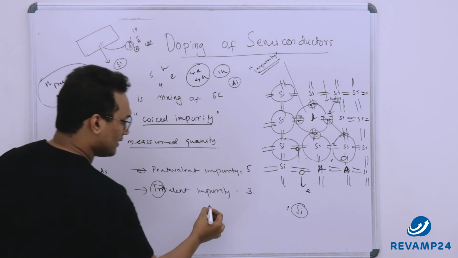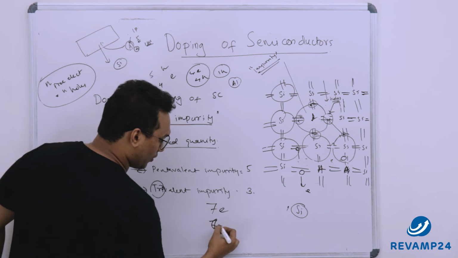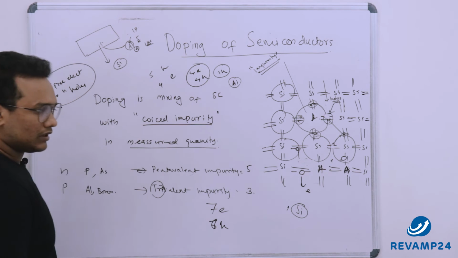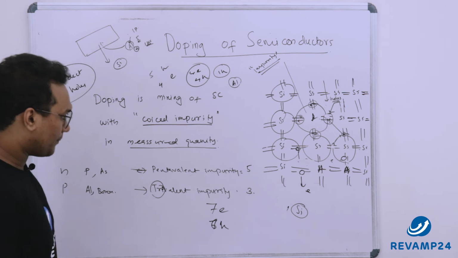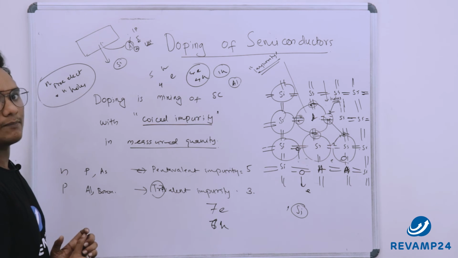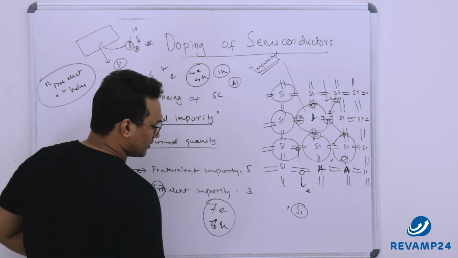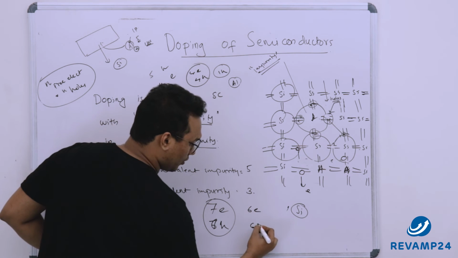If the question is, if one semiconductor has 7 free electrons and 6 holes, what type of semiconductor is it? See, 7 electrons and 6 holes can be written as 6 electrons and 6 holes.